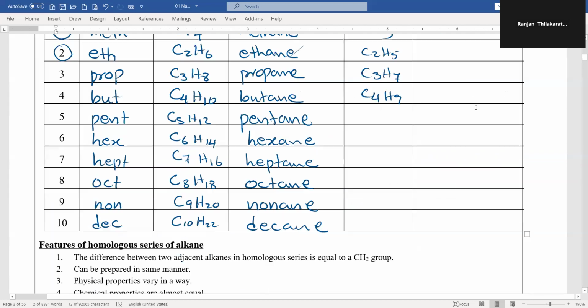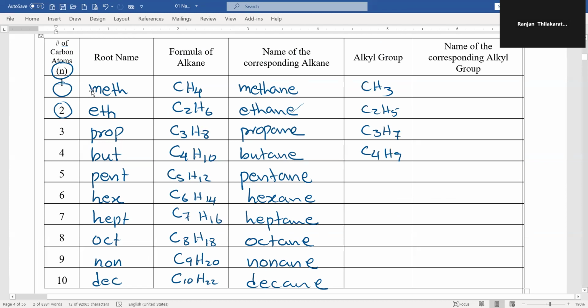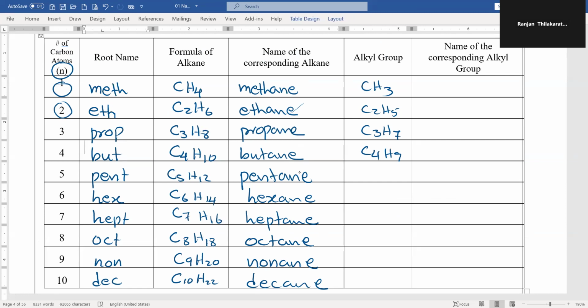What is the root name? The root name is the name we obtain corresponding to the number of carbons. If it is one carbon, meth, two carbons, eth, three carbons, prop, four, but, and so on. Then the name of the alkyl group will be meth plus yl, methyl. Then ethyl, propyl, butyl, and so on. Complete the rest.